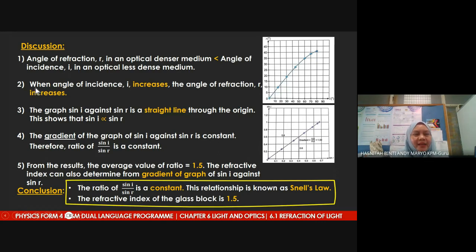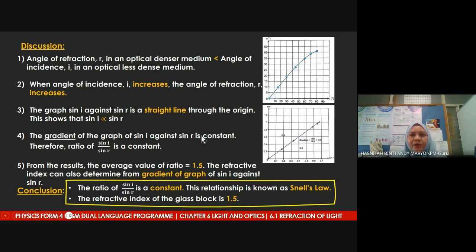Second, from the table you can also see that when the angle of incidence increases from 10 to 80, the angle of refraction also increases. Third, the graph of sine i against sine r is a straight line graph through the origin. So we know sine i is directly proportional to sine r.